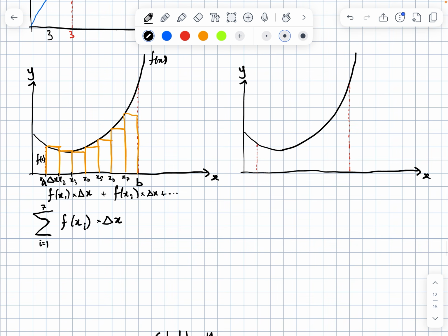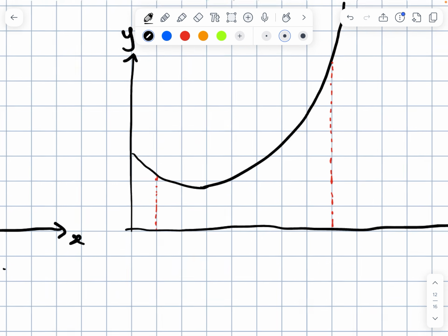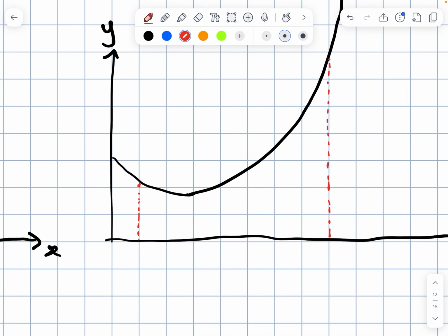Now, in order to make this more accurate, one method is to make the size of the rectangles smaller. If you were to make them really small, then we're going to minimize the error. I'm just going to make the rectangles half as big, and let's just see what it does then. So there's half, and across, and across, and across.